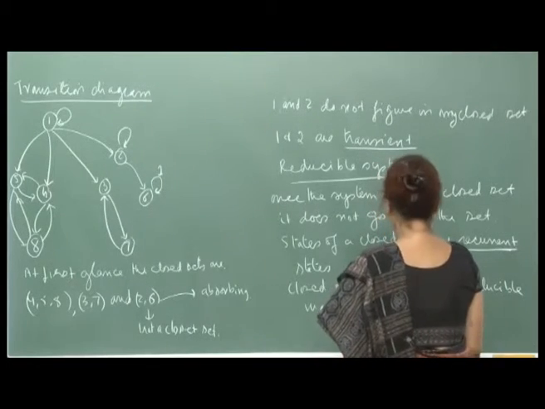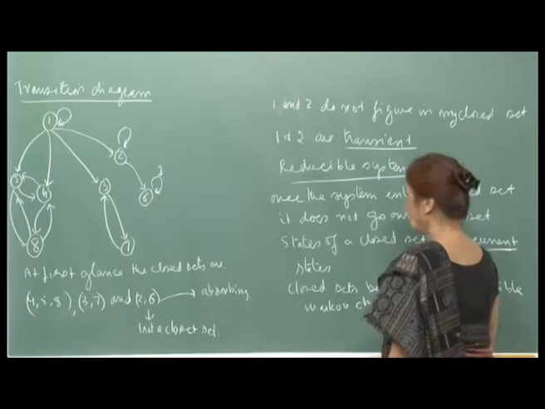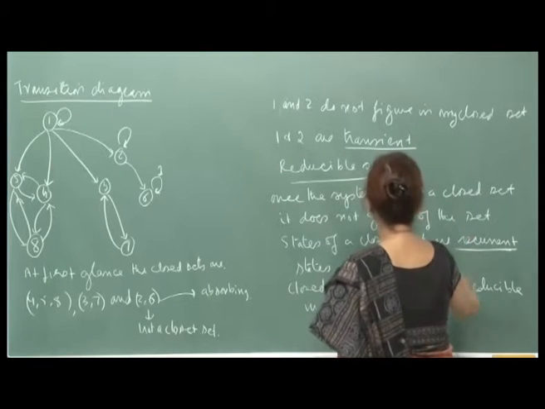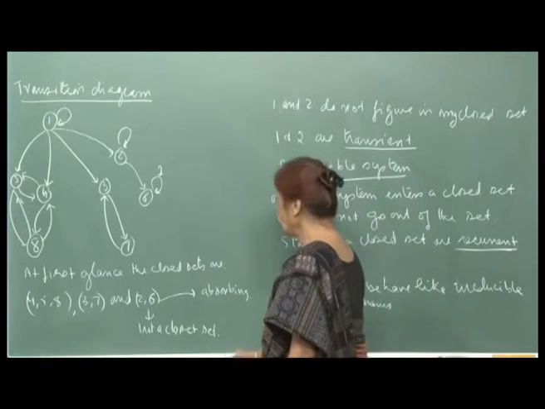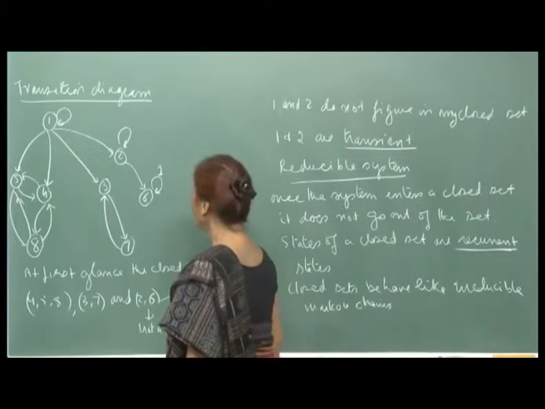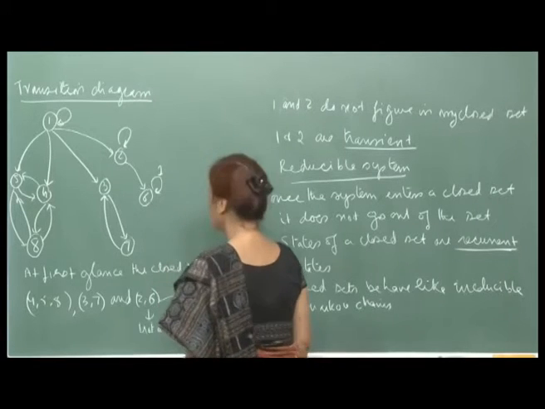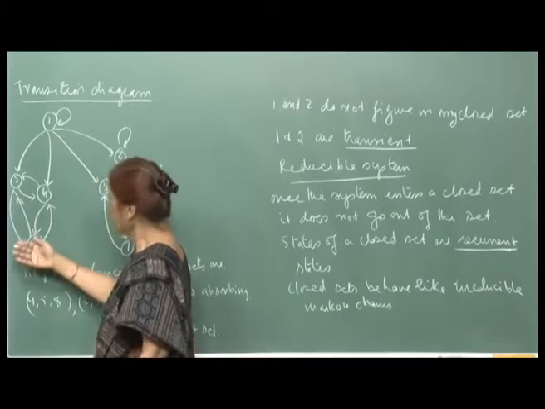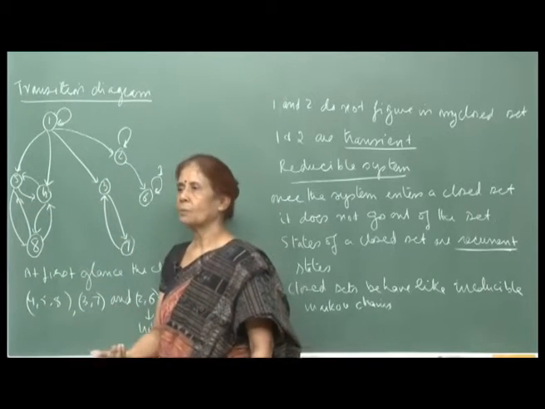Okay. So, after defining the recurrent state, transient state and an absorbing state, you have the closed sets. What we want to say is that each closed set, if you look at it, itself behaves like an irreducible Markov chain.